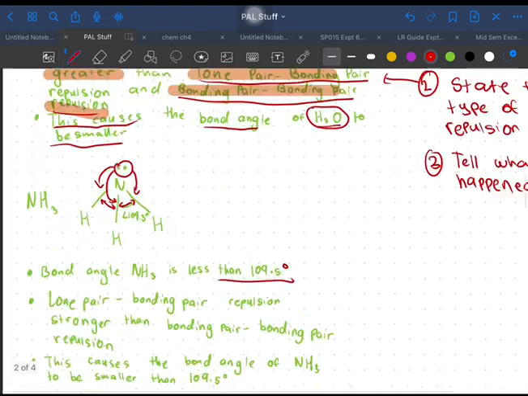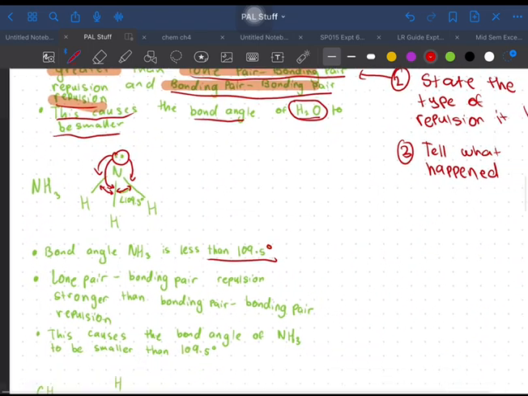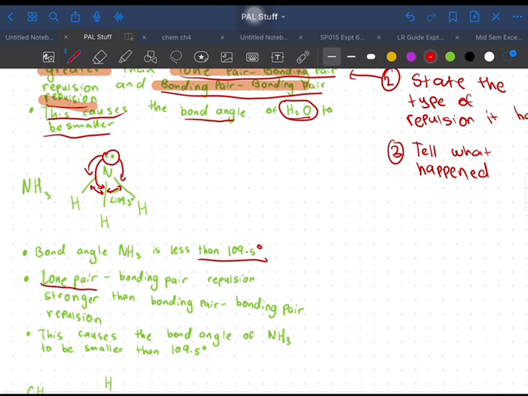But NH3 only has one lone pair. It becomes the lone pair bonding pair repulsion is stronger than the bonding pair repulsion.